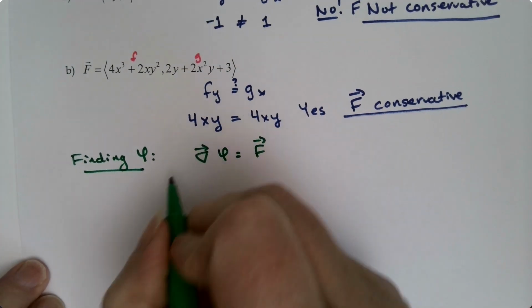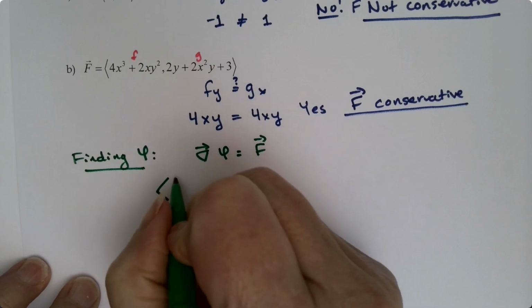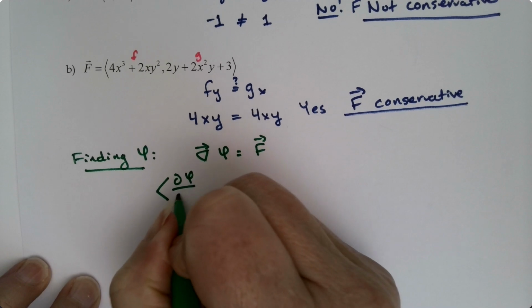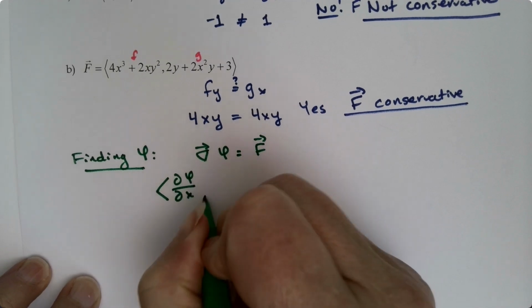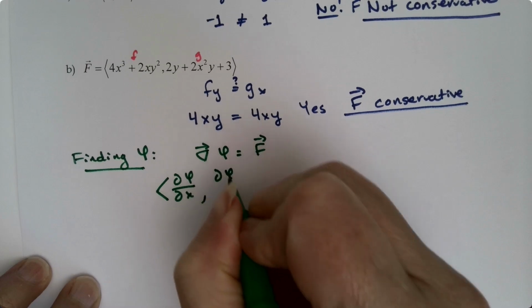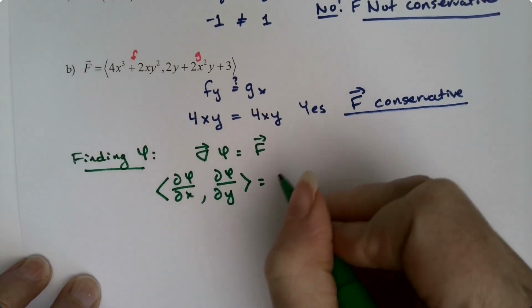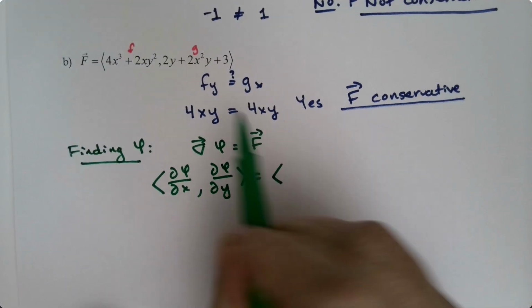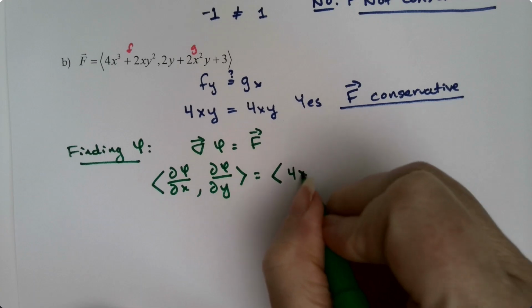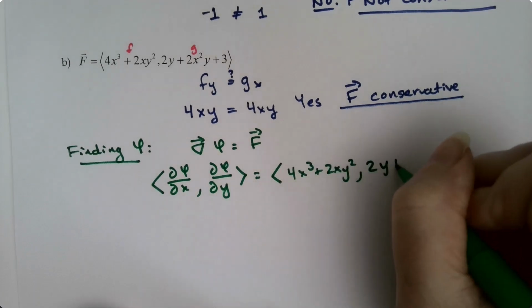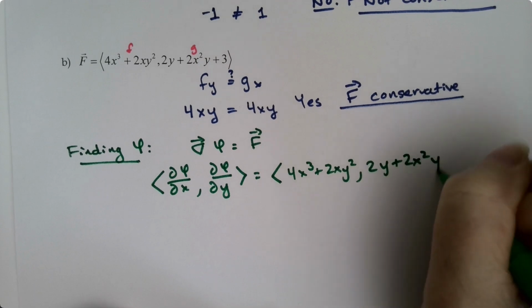The gradient, if you remember, is the partial derivative of phi with respect to x and the partial derivative of phi with respect to y, and that is equal to my vector field, which was 4x cubed plus 2xy squared, and then 2y plus 2x squared y plus 3.